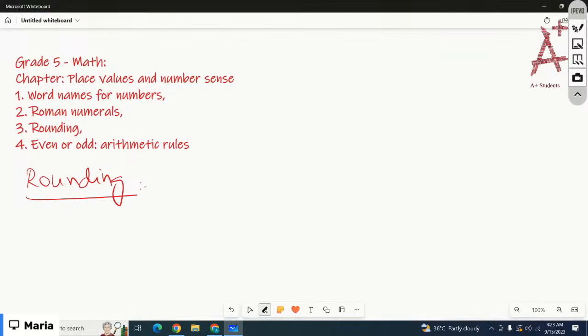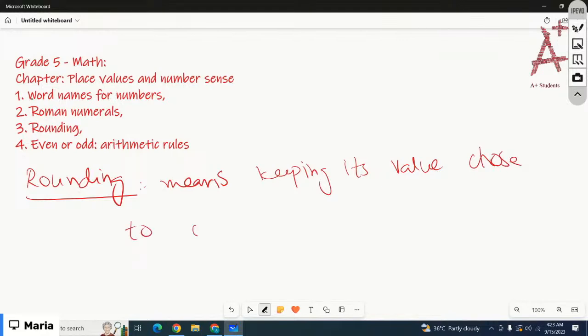So, rounding means keeping its value close to what it was, right?